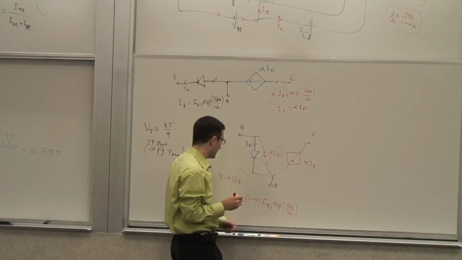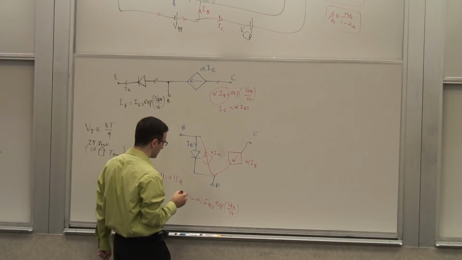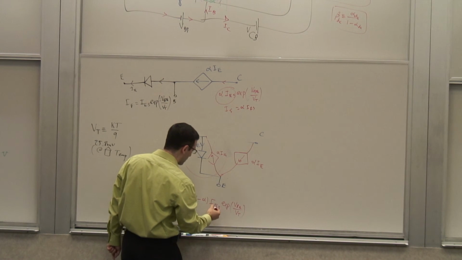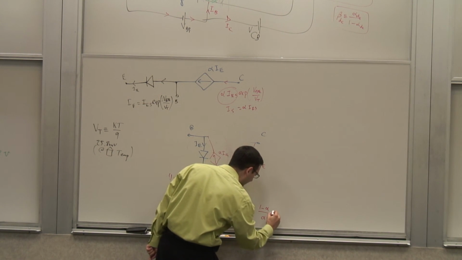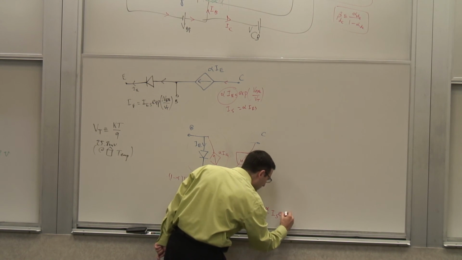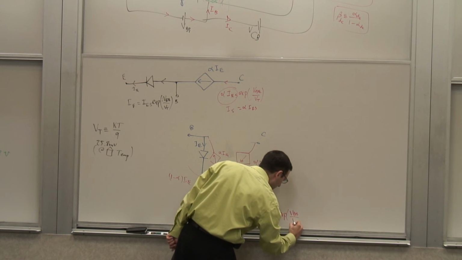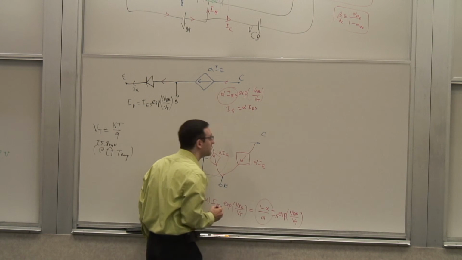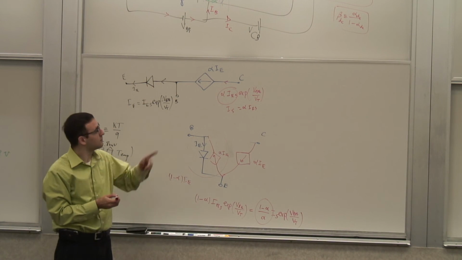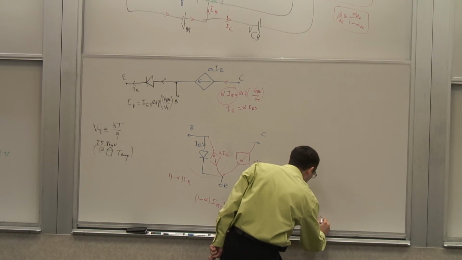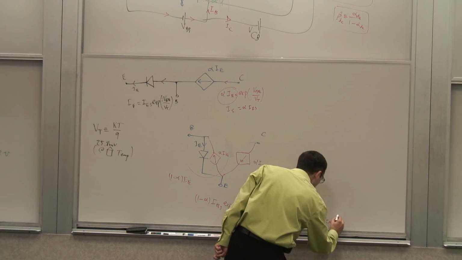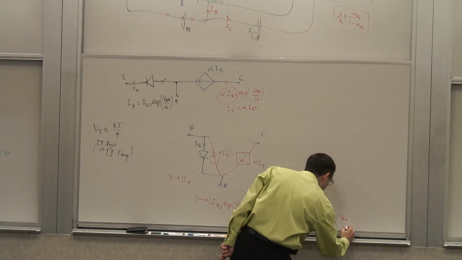So I can rewrite this as what? It's IS over alpha, so it's (1 minus alpha) over alpha, IS, e to the VBE over VT. Now what is this quantity? 1 over beta. So this is nothing but IS over beta, e to the VBE over VT.